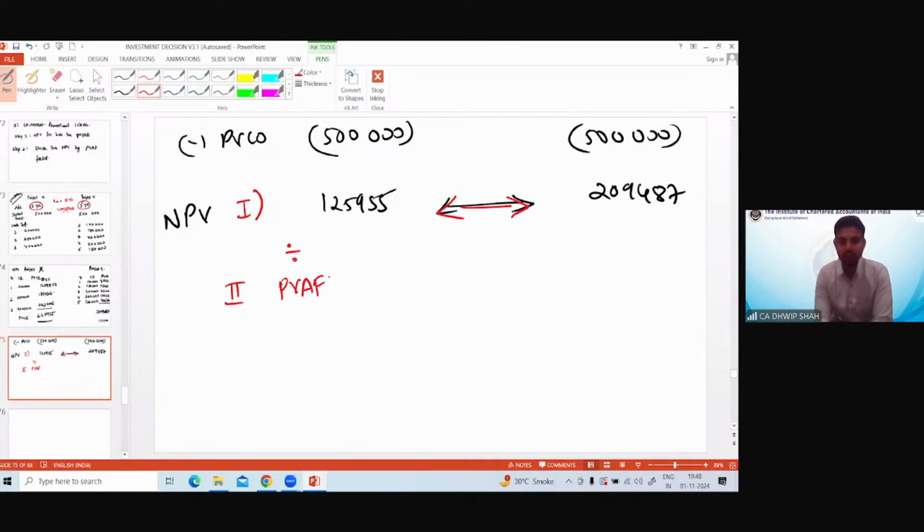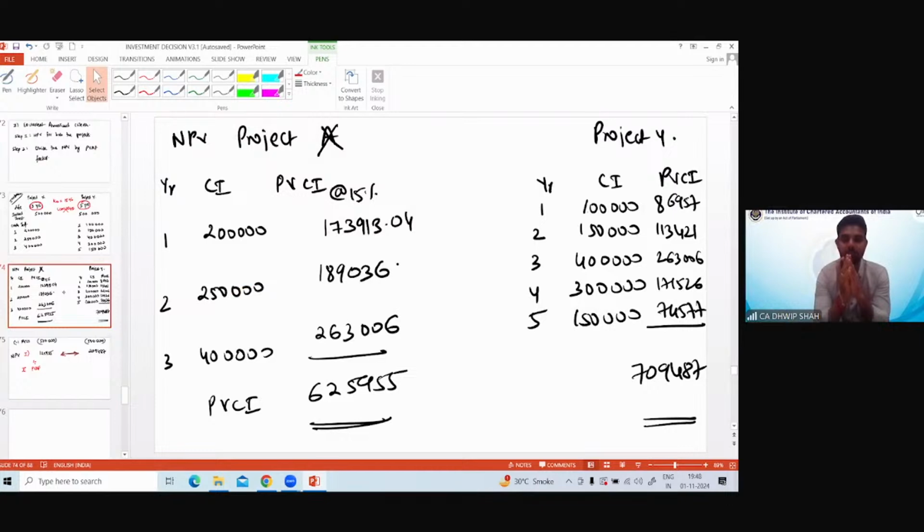How do you calculate the PVAF factor? PVAF factor is simply the summation or cumulation of the discounting factor for each year. So let's write the discounting factor at 15%. For year 1, it would be 1 divided by 1.15.